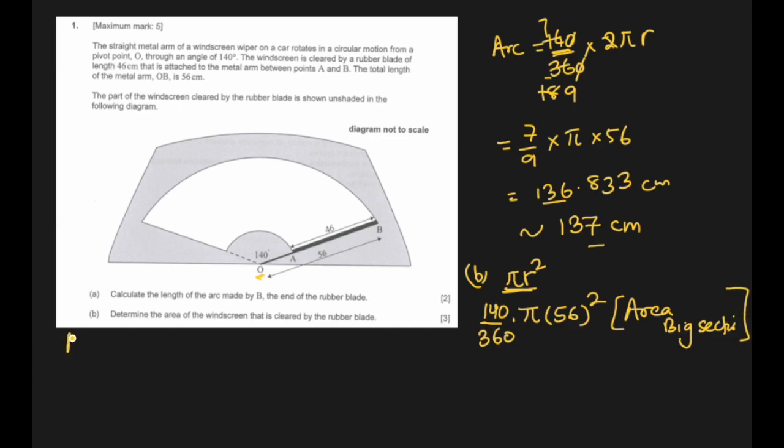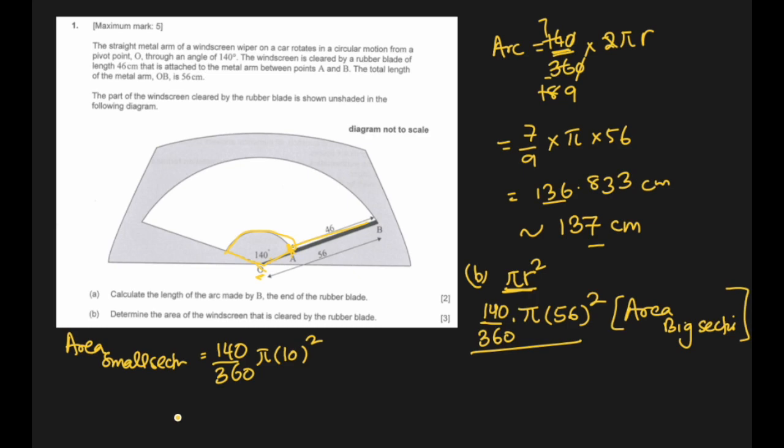Now let's find the area of the small sector, which we have to remove from this, which is this one. It will be the same 140 over 360, but this time the radius will be just 10. Why? The whole is 56, this one is 46, so remaining for this particular part is 10. And from this area, we will subtract this area.